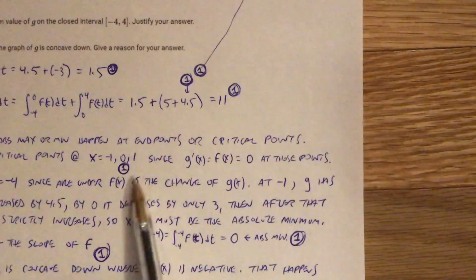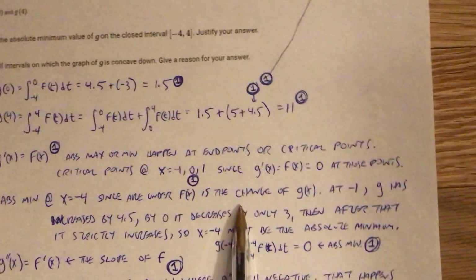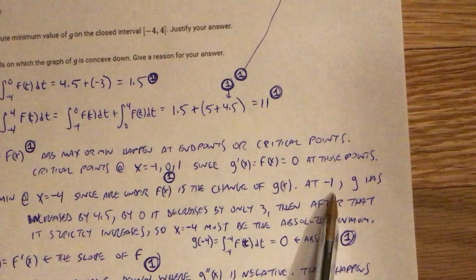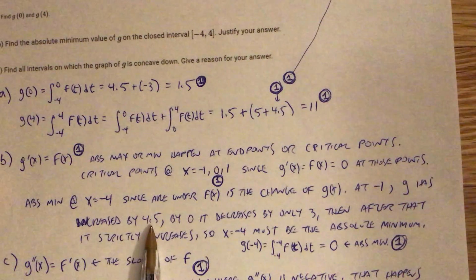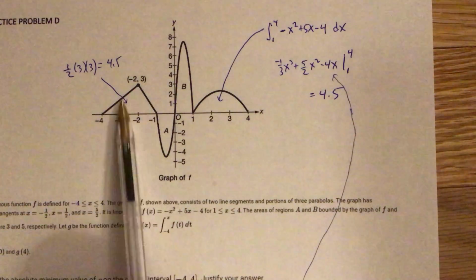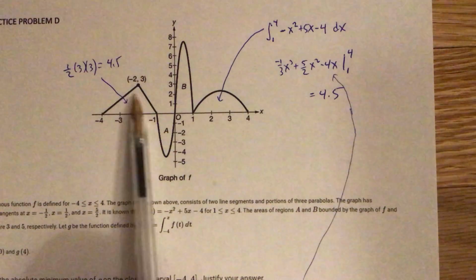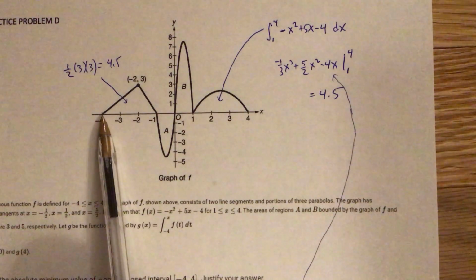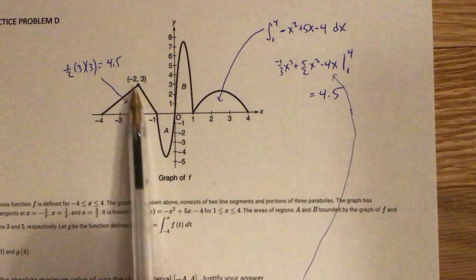I was showing you the picture so you understand when I say this. Basically, at -1, g has increased by 4.5 units. The reason is, as I integrate, this is representing the change of its antiderivative. So this area is representing the change of g. So as I integrate, I'm gaining 4.5 units.